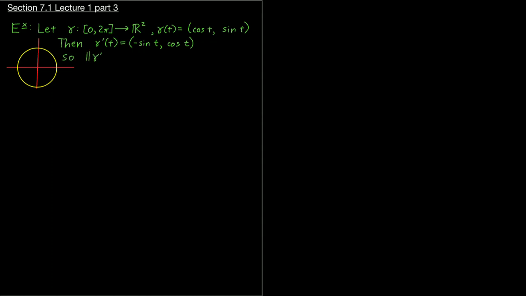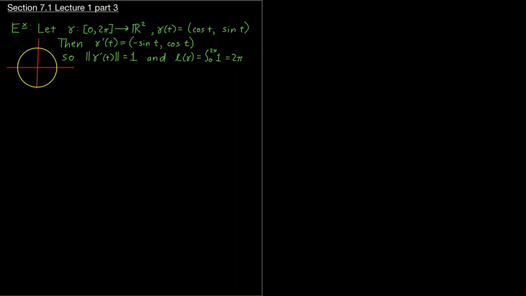So the length of gamma prime of t is always 1, and the length of gamma is the integral from 0 to 2 pi of 1, which is just 2 pi. So the perimeter of the unit circle is 2 pi.